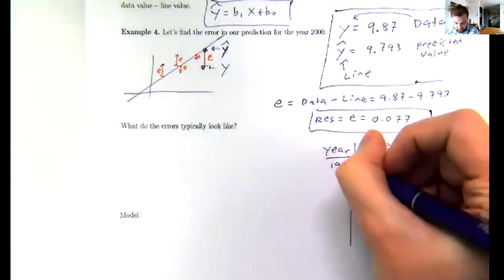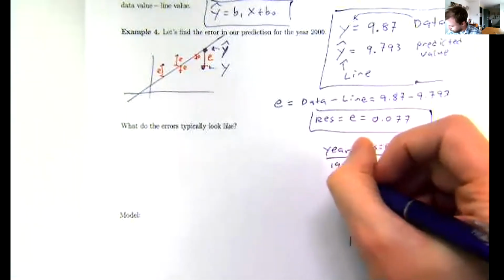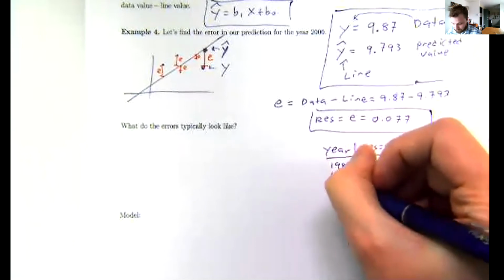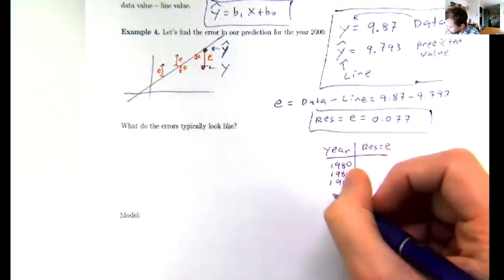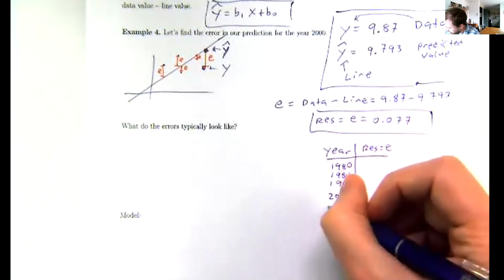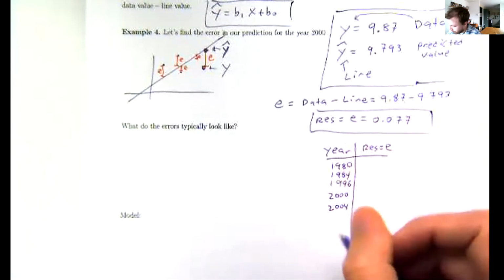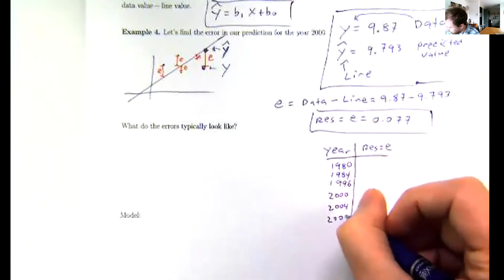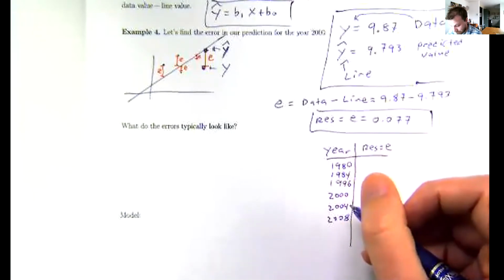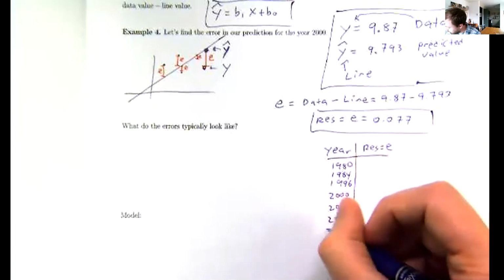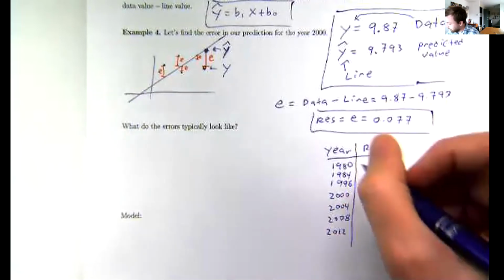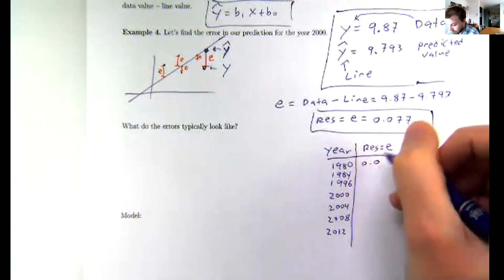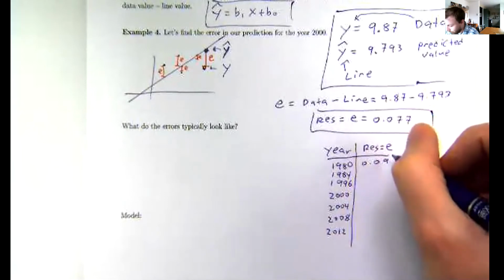My years were 1980, 1984, 1996, the year 2000, 2004, 2008, and finally 2012. Now you can do the subtraction and find each of these residuals one at a time. I am just using my calculator to come up with this.